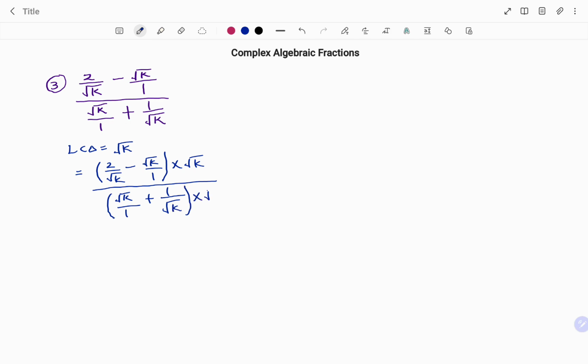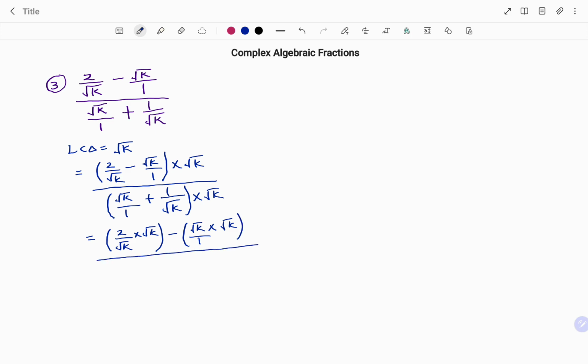multiplying root k. Simplifying by expanding, we're going to multiply all the terms at the top and at the bottom by our root k. We have 2 over root k multiplying root k, close bracket, minus root k over 1 multiplying root k.